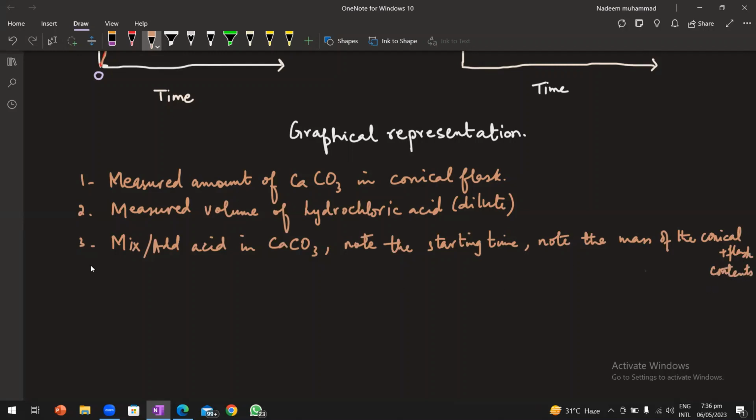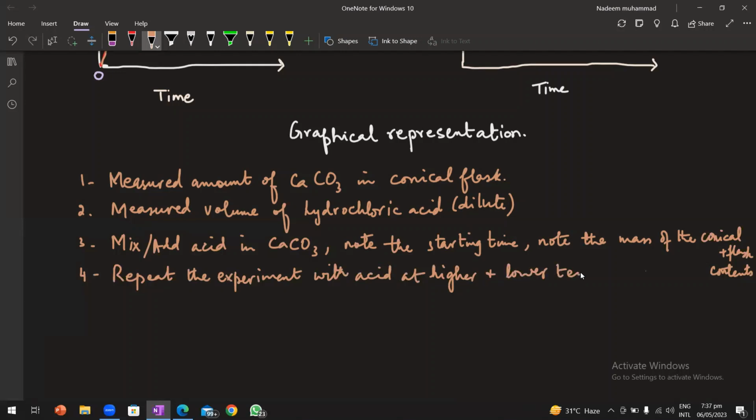Then you can keep noting down the decrease in mass versus time, and then you can repeat the experiment with acid at higher and lower temperatures.